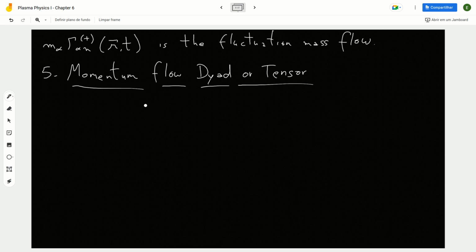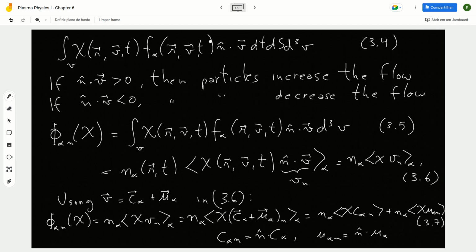So before defining the momentum flux mathematically, I'll give you a brief introduction about how this tensor works. It's actually something easy to compute. Let's start with 3.6 maybe. We'll use 3.6, but now we're thinking about momentum, and momentum is a vector quantity, not a scalar quantity.